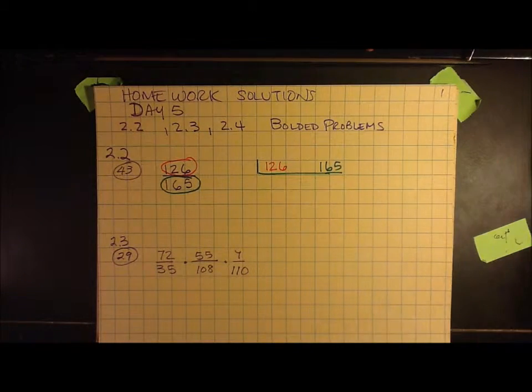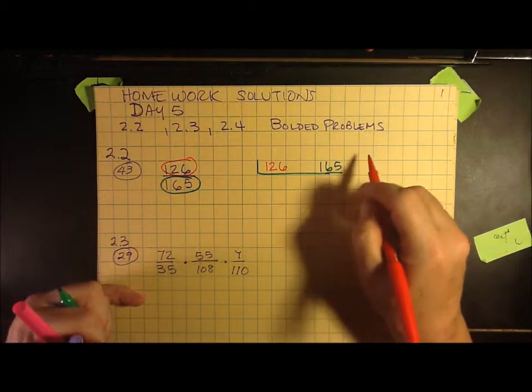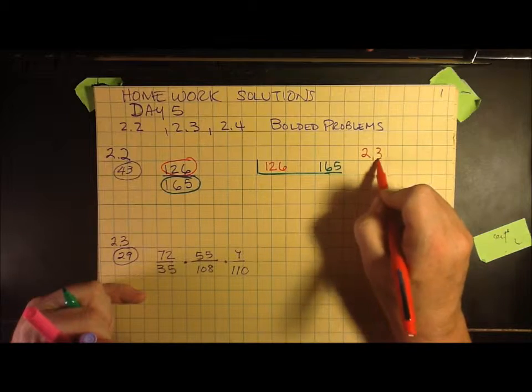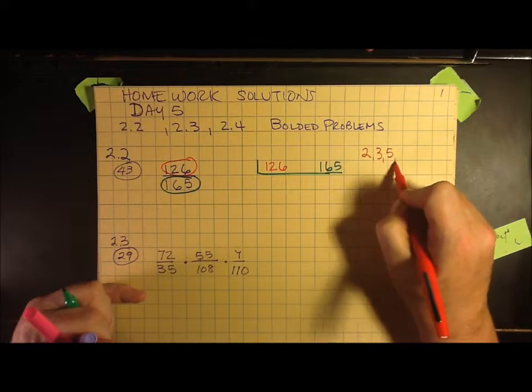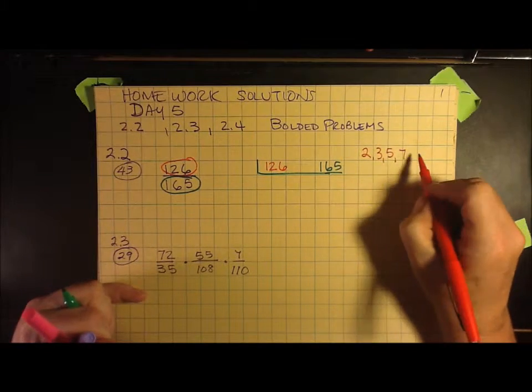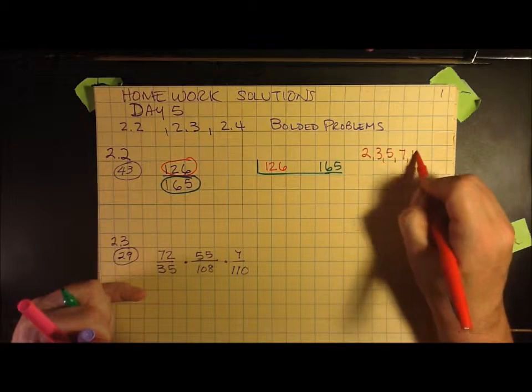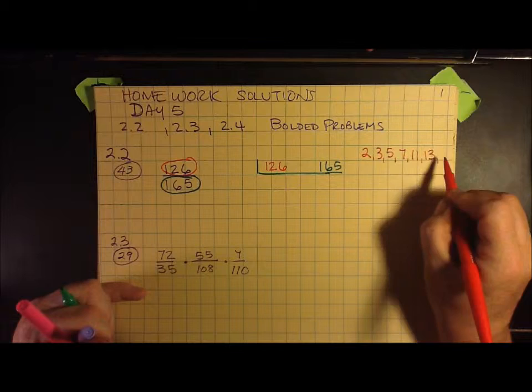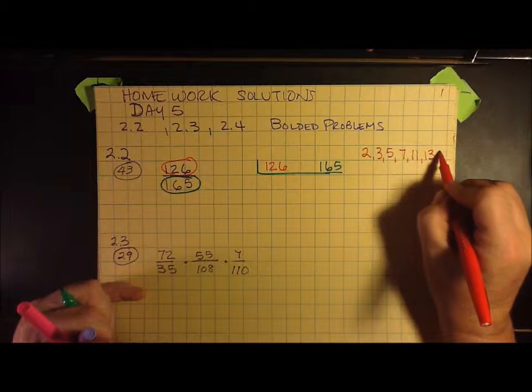And I'm going to start to try to take prime numbers out of them. To do that, it's probably a good idea if I write down the prime numbers as preparation. So prime numbers would be 2, 3, 5, 7, 11, 13, and we'll go up to 17.